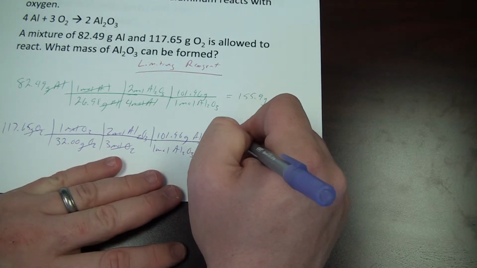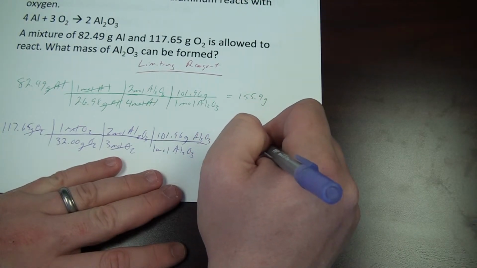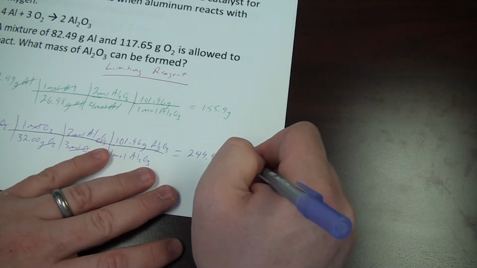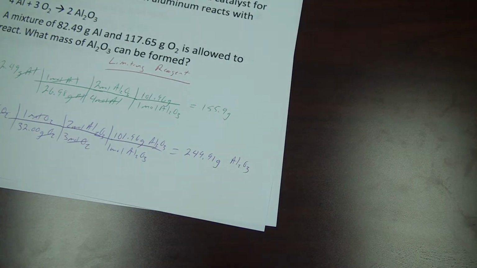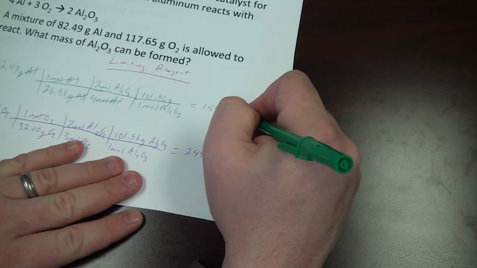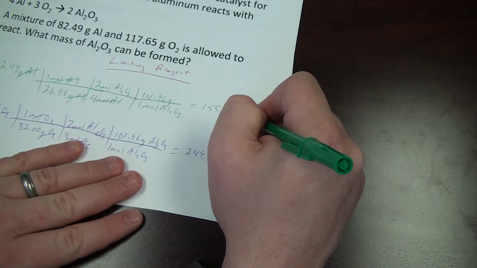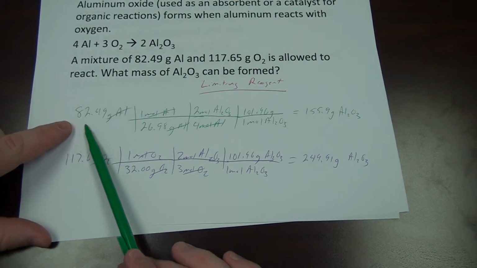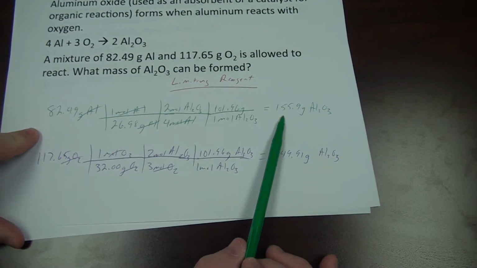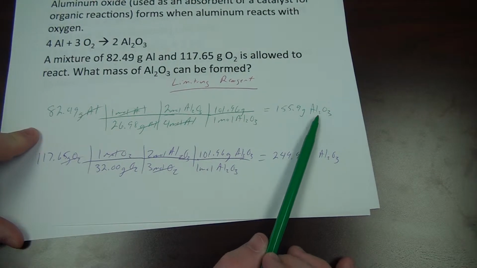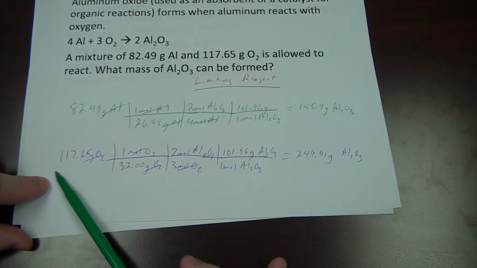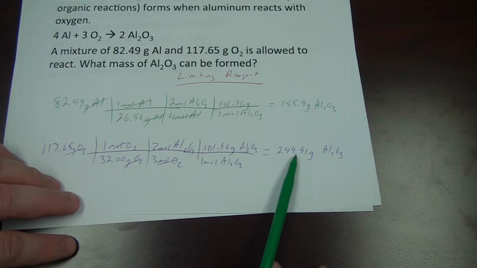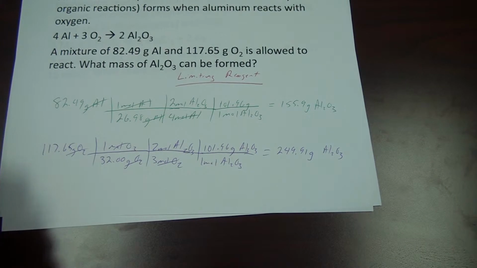So 249.91 grams of aluminum oxide, as opposed to 155.9 grams of aluminum oxide here. So if we only had this amount of aluminum, we should get 155.9 grams of aluminum oxide. If we have this amount of oxygen, we should be able to form 249.91 grams of aluminum oxide.